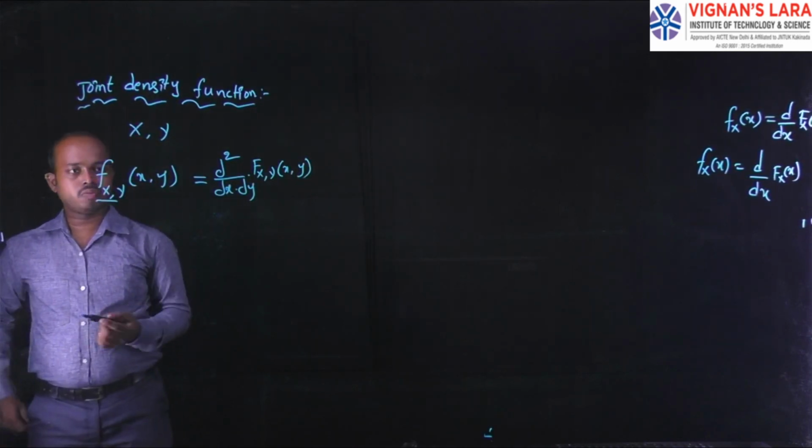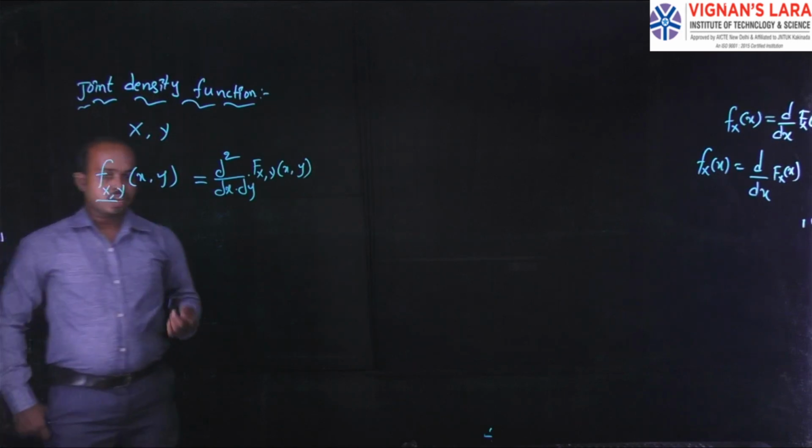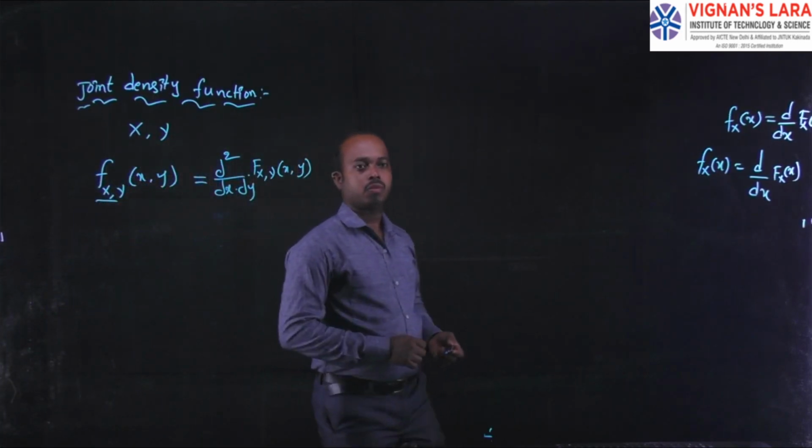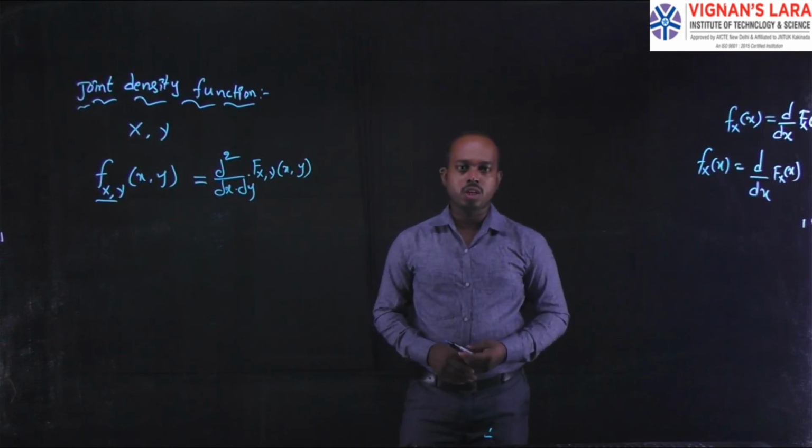Joint density function formula, when the random variables X and Y are both discrete.